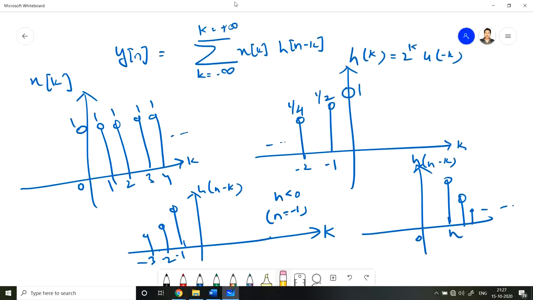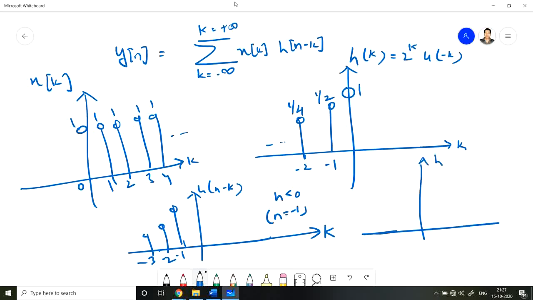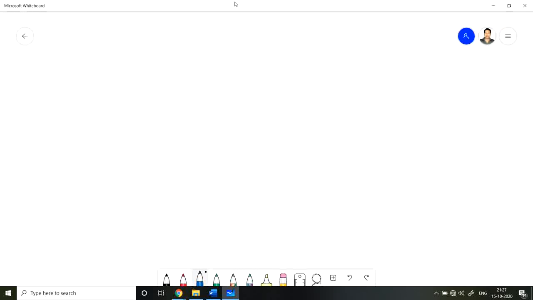I have drawn the wrong graph, sorry. Let us draw again, I made some mistake here. So h[n minus k] for n greater than 0, the graph should be like this. This is the graph for h[n minus k] when n is greater than 0. Now we have to find out the value of y[n]. Let us solve for n less than 0.